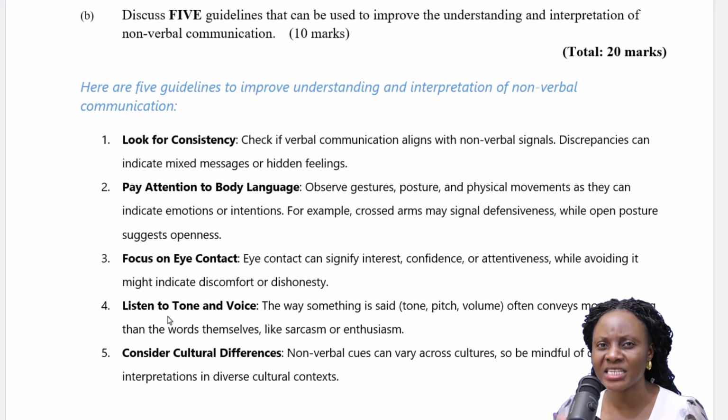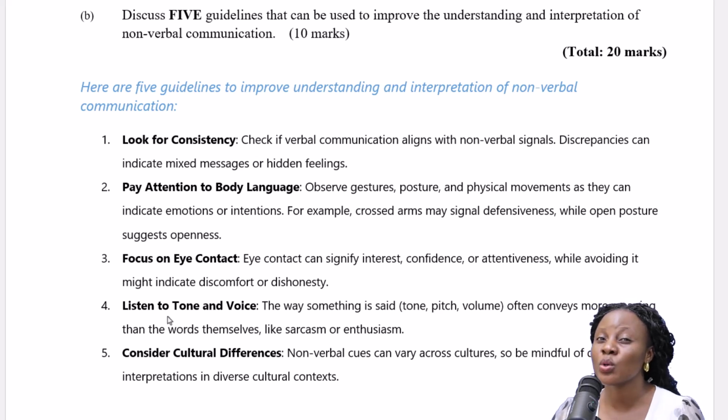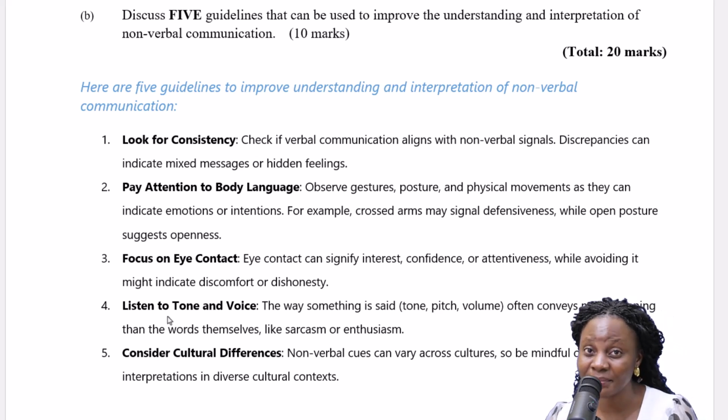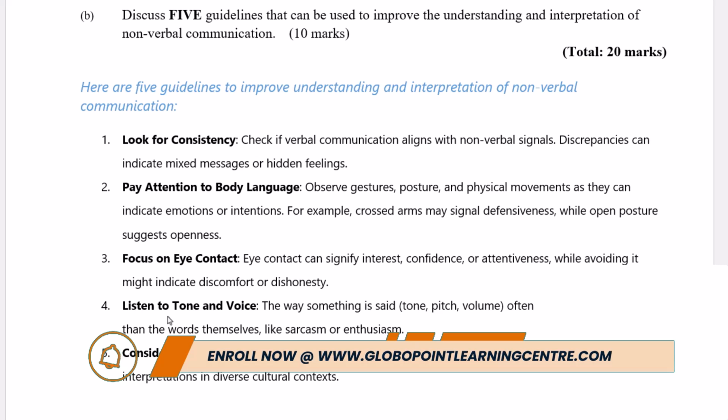So if this person is expressing himself through verbal and nonverbal, the only way you can understand and interpret this communication is to check whether there's consistency between what he is saying through word of mouth and what he's trying to imply through the body language. So you need to be careful enough to look for the consistency between what is said and what is implied.